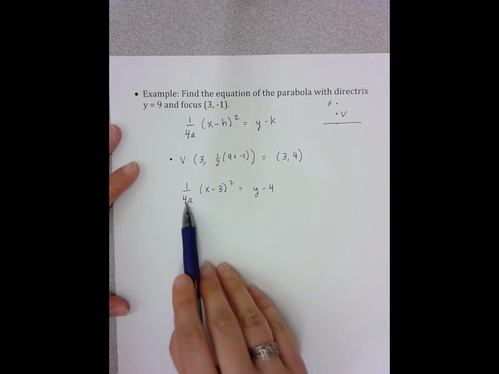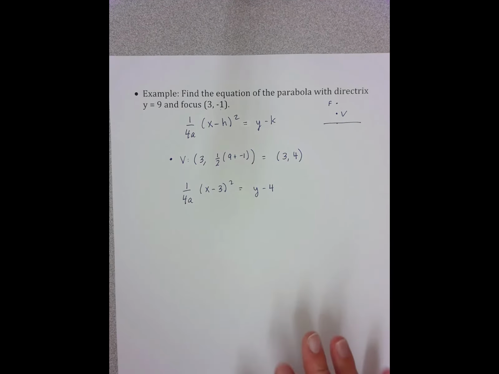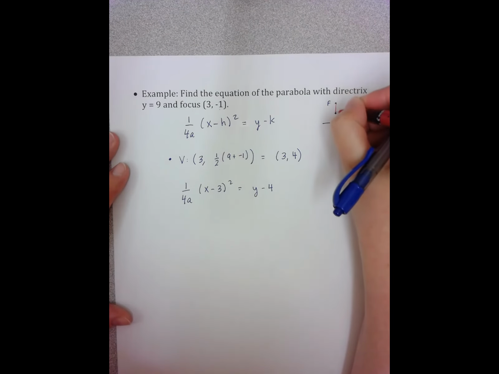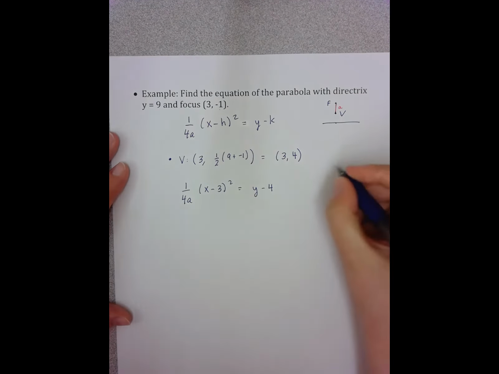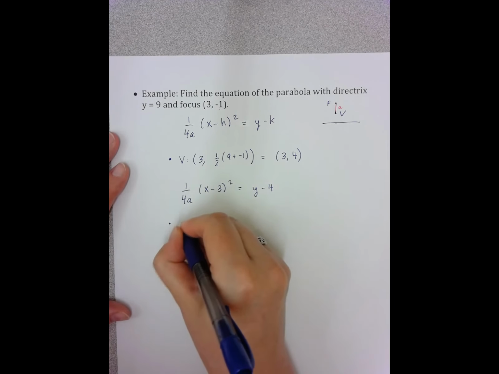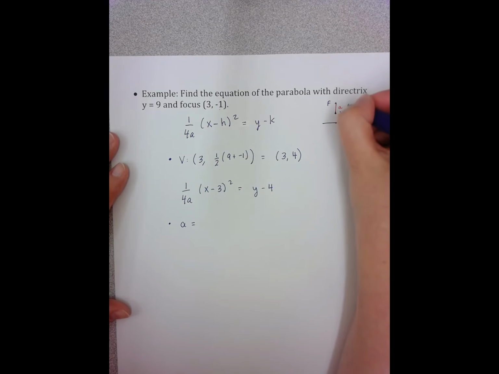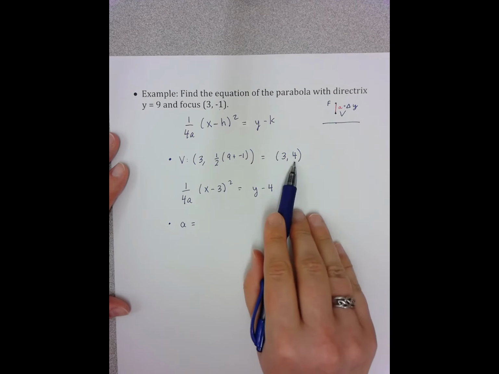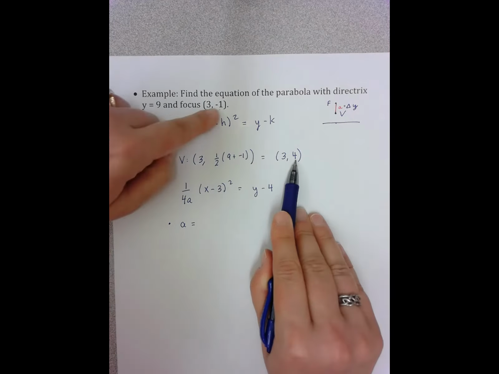So now I need to find my a, and then I'm done. So remember, we go back and we say, well, a is the distance. So a is this distance. So we say a is the change in y's. So my vertex y is 4, and my focus y is 1.